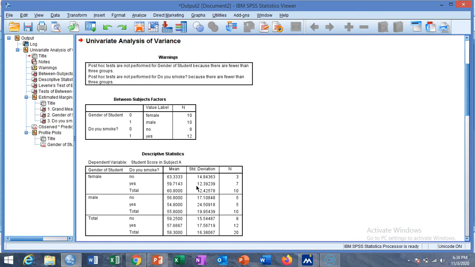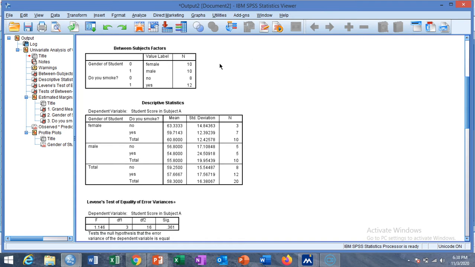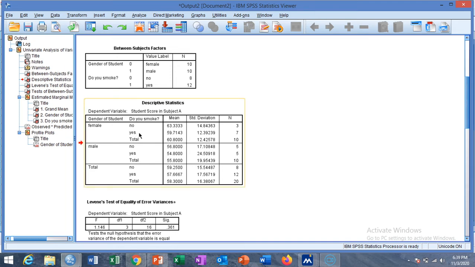And this is the output of the two-way analysis of variance. The first table provides the between-subject factors, which are gender of student and smoking preference, and this table provides the descriptive statistics for female and male separately, and then the smoking preference as no and yes.